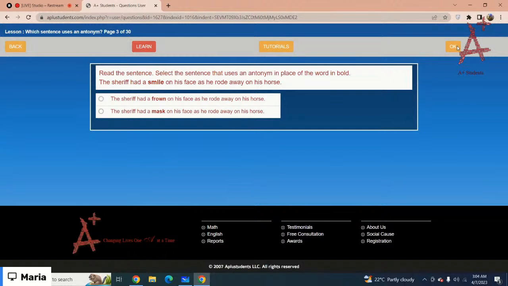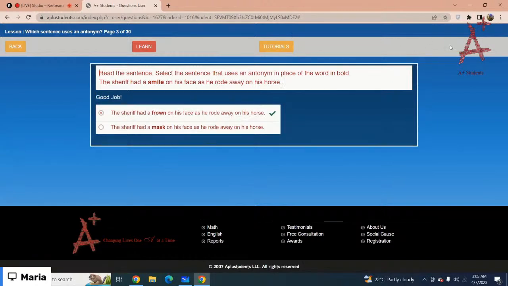So which is the correct option? That would be option number one. Got it? Smile and frown are antonyms. So select the correct option and click on the OK button. Got it?